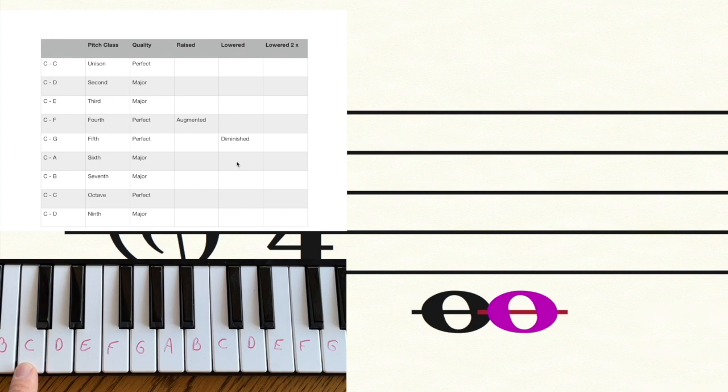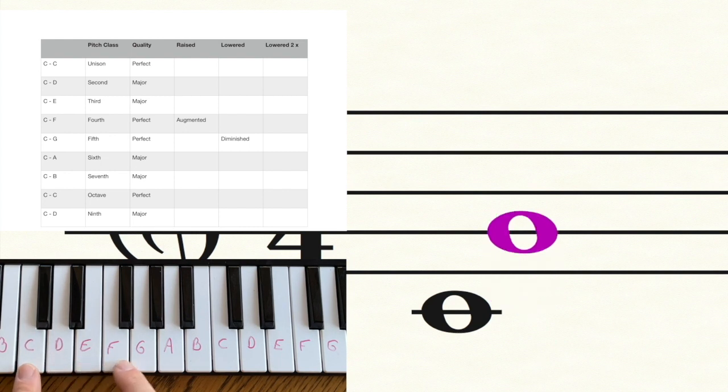So pitch class, again, is just the number we assign to the interval. So right now we're on a unison, and it's a perfect unison. Now I'll come back to what we call it if we alter it. But let's go to the perfect fourth.